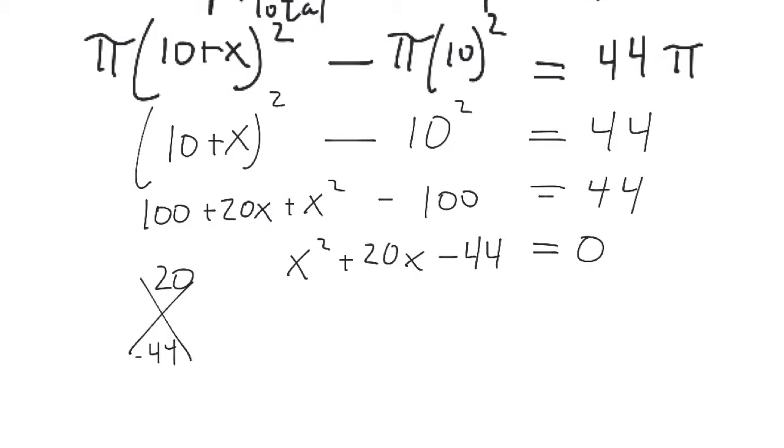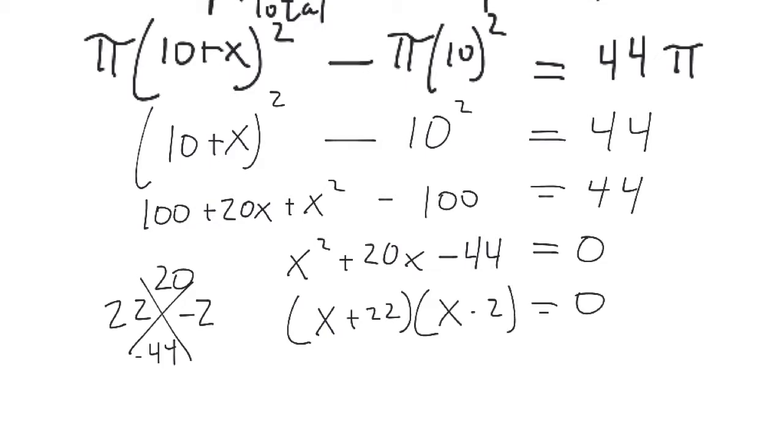And so then you have to ask yourself, what two numbers multiply up to negative 44 and add up to 20? That would be positive 22 and negative 2. So you can rewrite the equation as x plus 22 times x minus 2 is equal to 0.